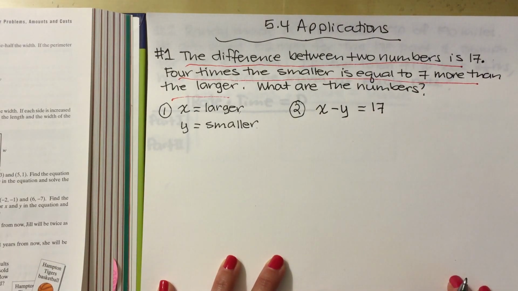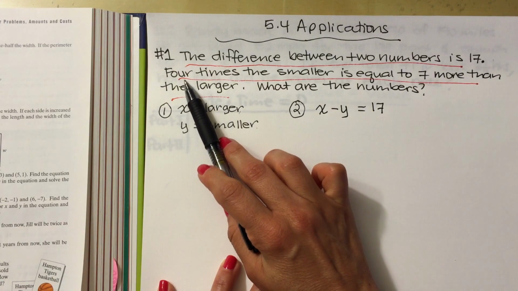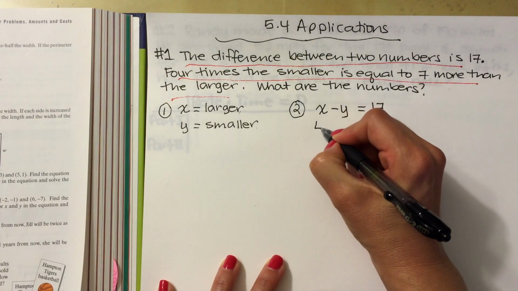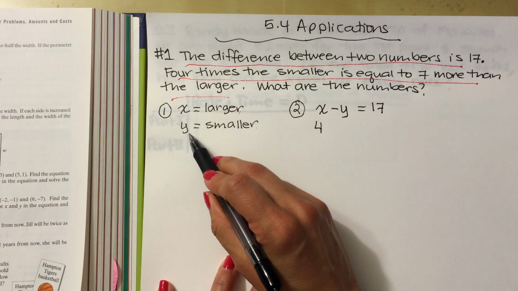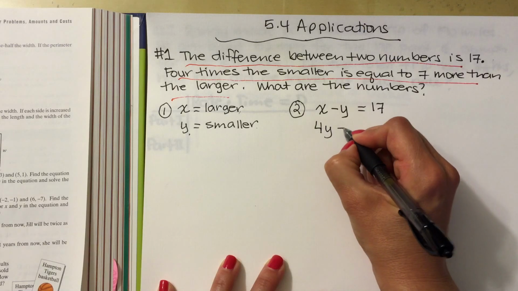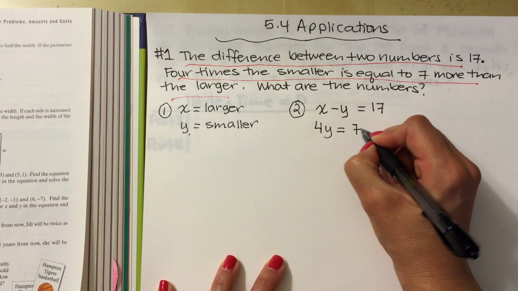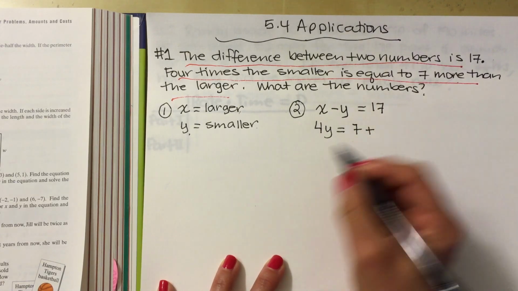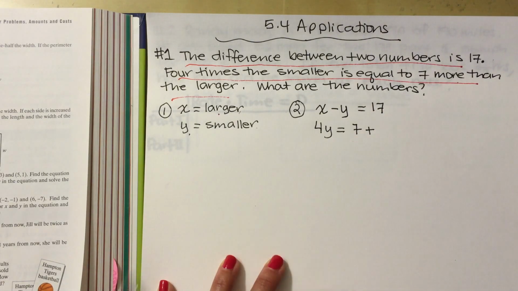Okay, second equation, translate 4 times the smaller. All right, so 4 times y, that's the smaller, is equal to 7. More than is add. More than what? More than the larger. Larger is x.